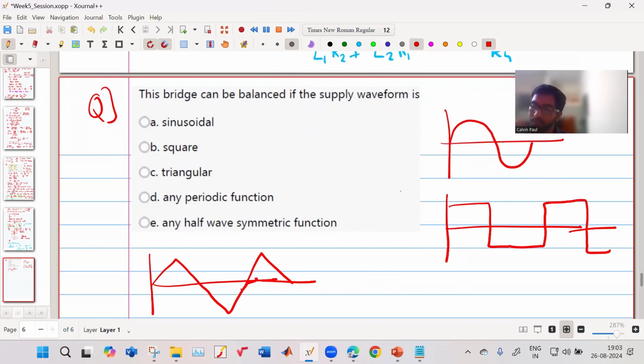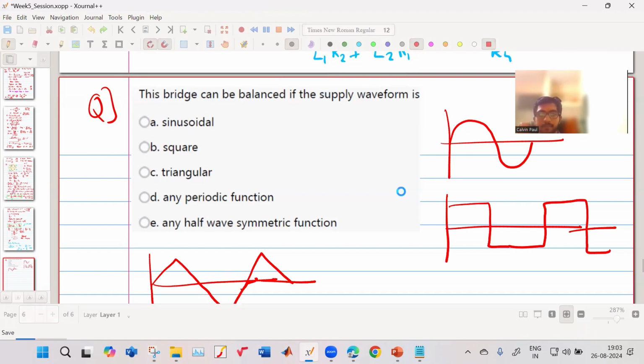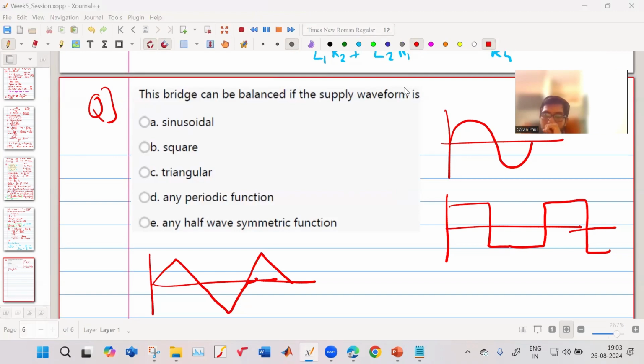Can anyone tell me when will it be balanced? For which condition?